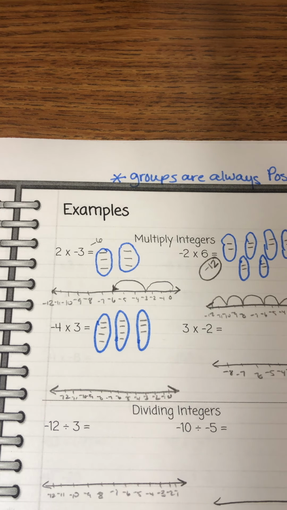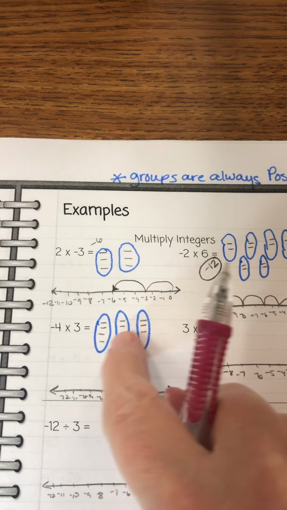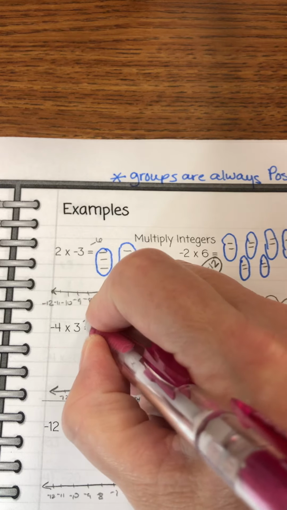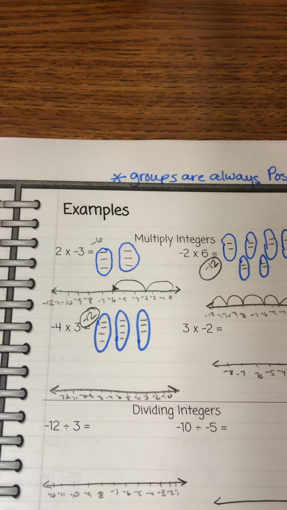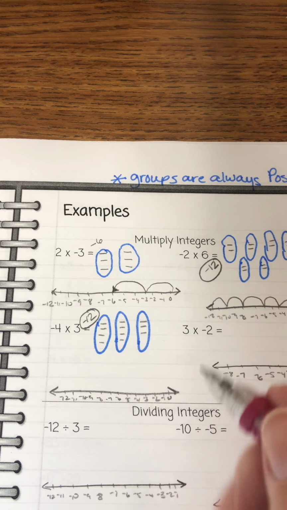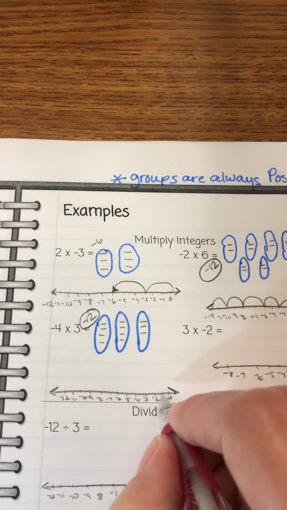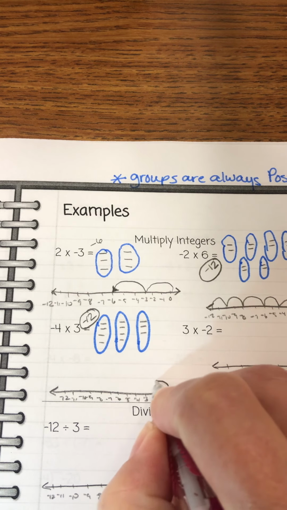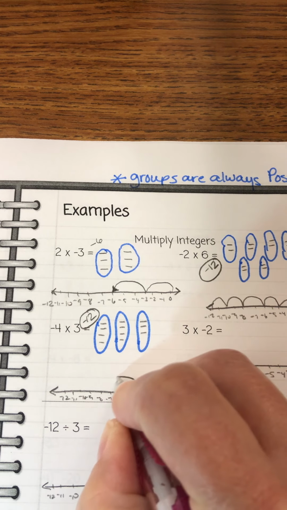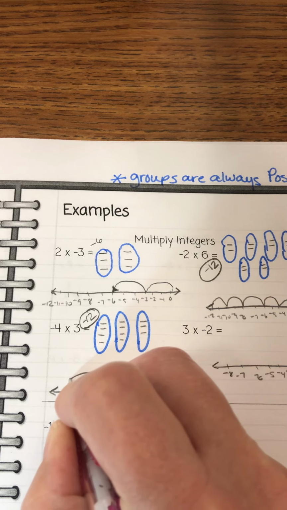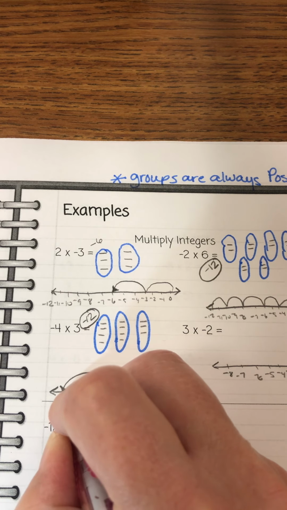Alrighty. So you see you have -12 here. So -4 times 3 is -12. So you have 3 groups, and what's going inside of each of our groups? -4. So starting at 0, 1, 2, 3. Nice.